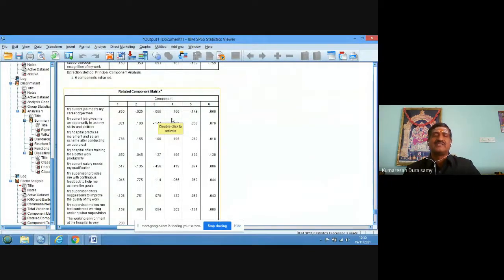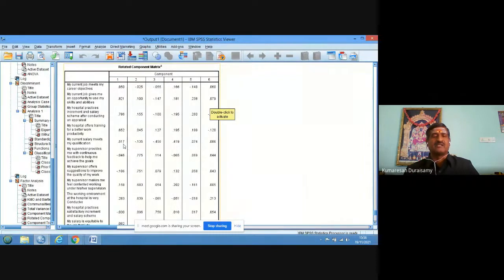So, which is the greatest? 0.85 is the greatest. For this one also, 0.821 is the greatest. This one, 0.786. This one, 0.658. This one, 0.517.